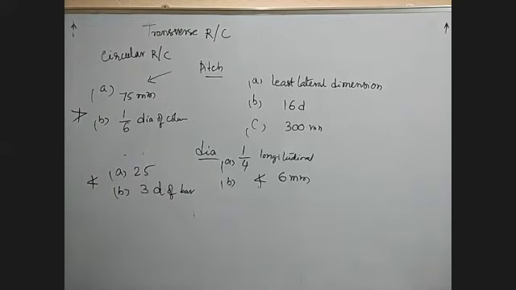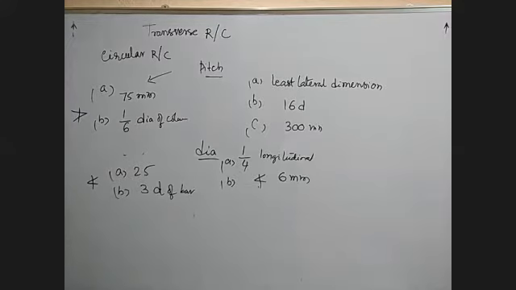So this is the theory regarding the column. So the member carrying compressive load, we call it as a column, and if L is more than 3 times the least lateral dimension, then we call it as a column. The columns are classified based on the type of loading and based on the slenderness ratio, short column and long column.